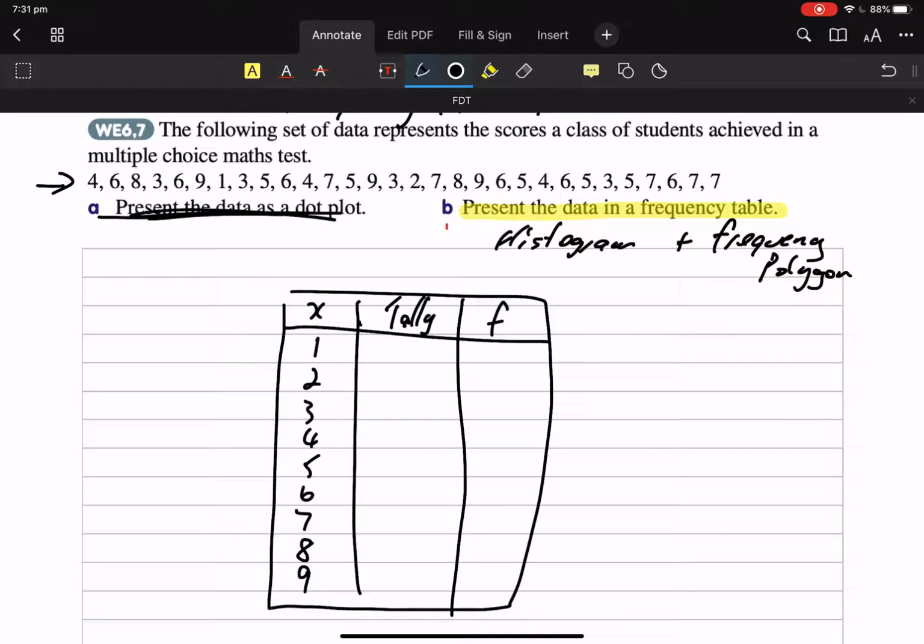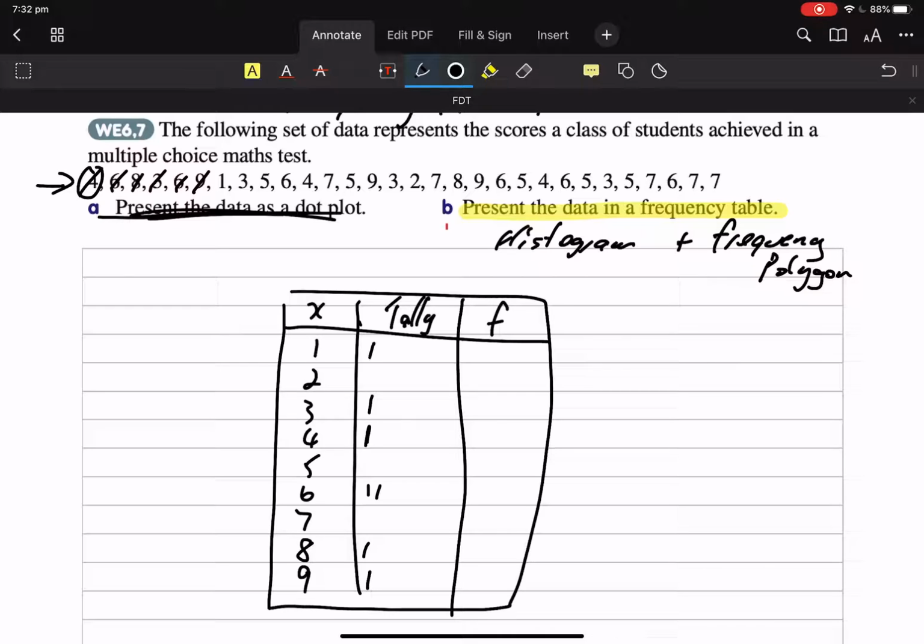So we're going to go across and put this 4 as a tally against the 4. Then we're going to cross it out. Then we're going to put the 6 and the 8. In the test, you're going to do this in pencil, so you can rub it out and check it, because I just made a mistake. That was a 9.